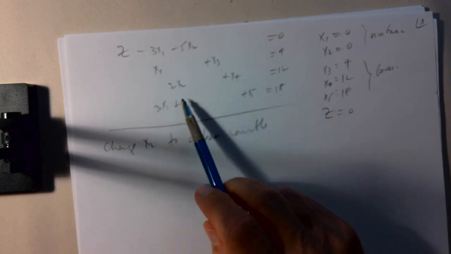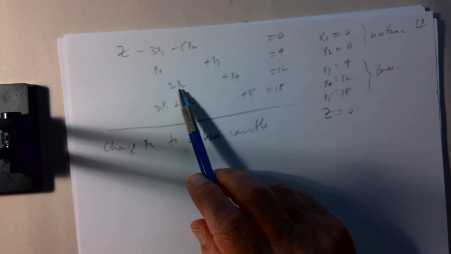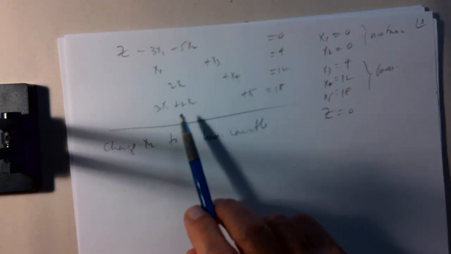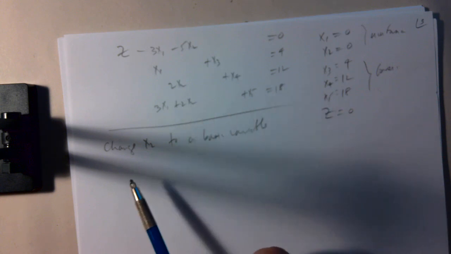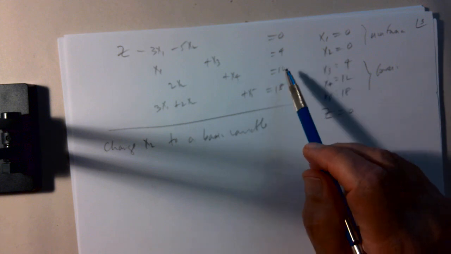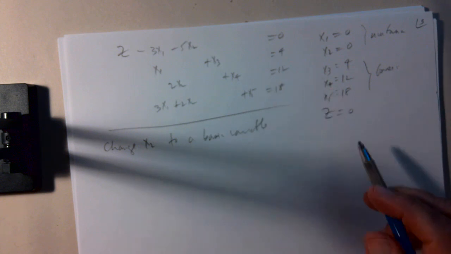From this equation, x2 can be as large as the ratio 12/2. From this equation, x2 can be as large as the ratio 18/2. The smaller of those two ratios is x2 equal to 6.